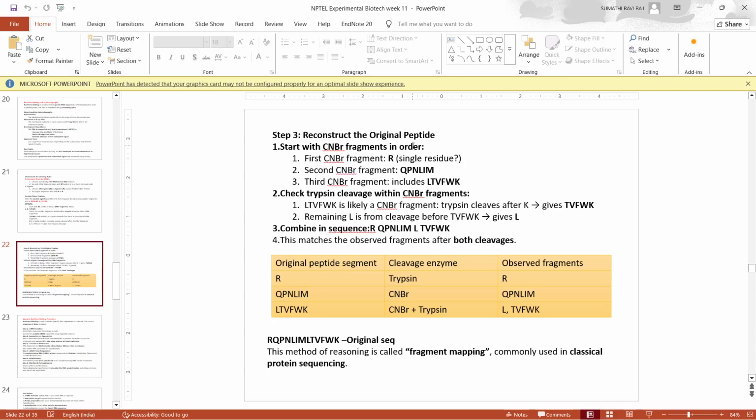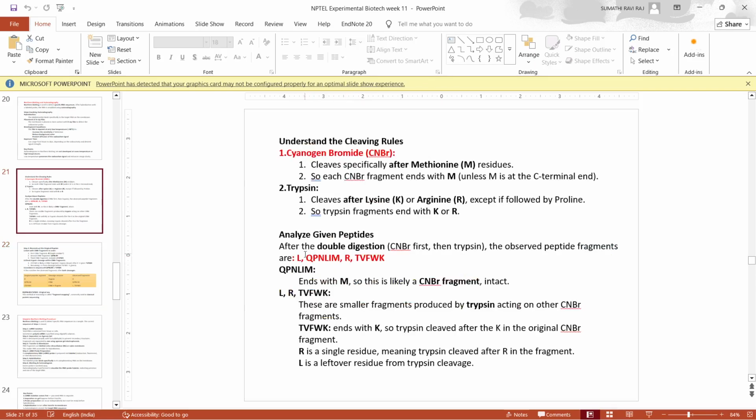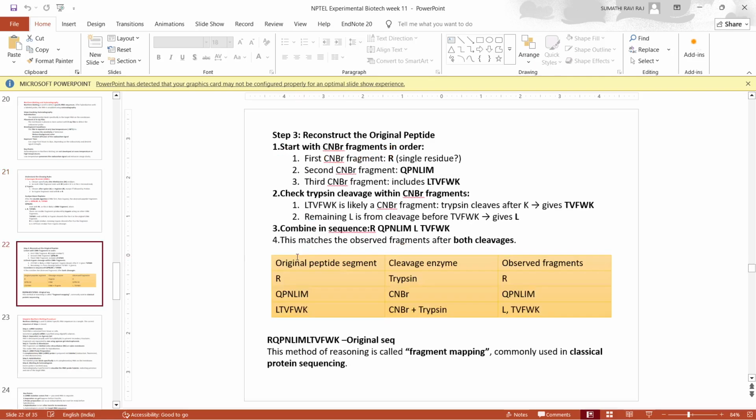Yeah. So basically, we know R can be cleaved by trypsin, K can be cleaved by trypsin, and M can be cleaved by cyanogen bromide. But we also have another single residue left here, that is L. So the L is not particularly cleaved by either of them separately.